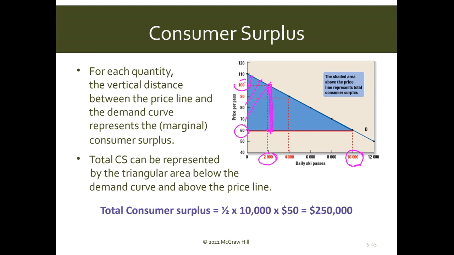So this whole blue triangle is consumer surplus. Now it's very easy to calculate. Consumer surplus is the area under the demand curve and above the market price, that is 60. So above 60, below the demand curve, this whole area is consumer surplus.